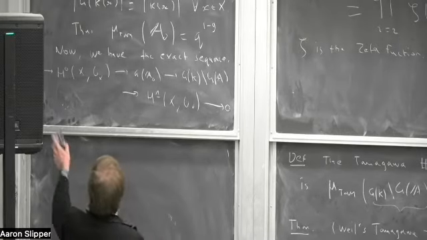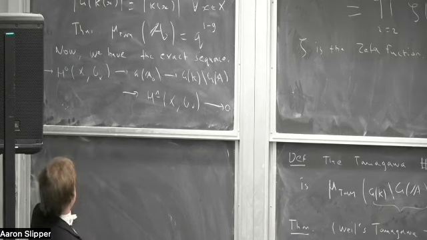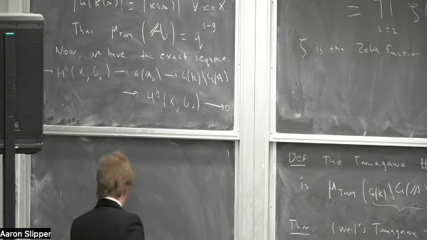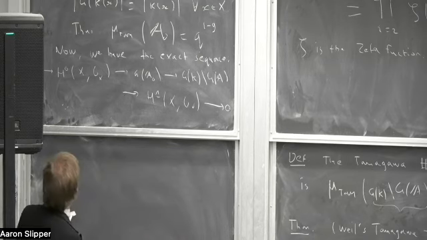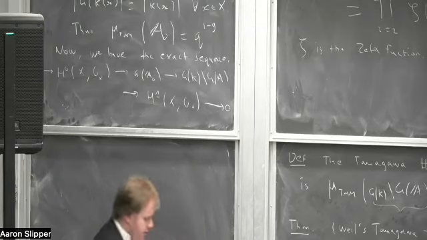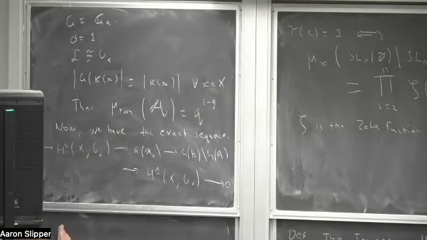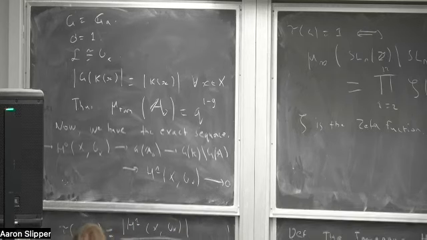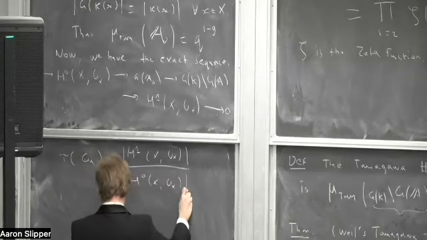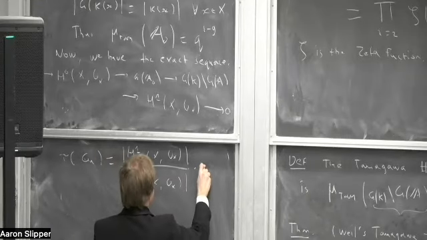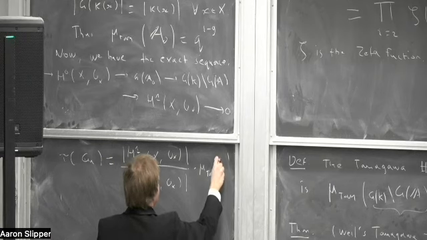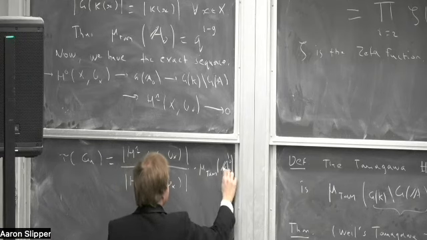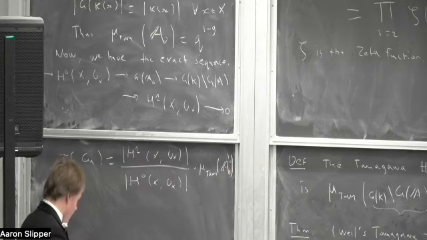We have this exact sequence, which is just the Weil exact sequence, the Zariski stalkwise exact sequence, standard sheaf cohomology. From this we find that the Tamagawa number of G_a is H^1(X, O_X) divided by H^0(X, O_X), times the Tamagawa measure of the integral adeles.